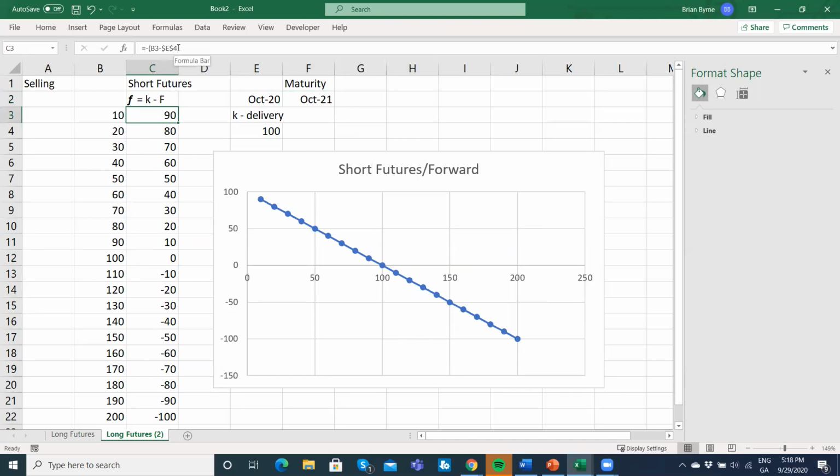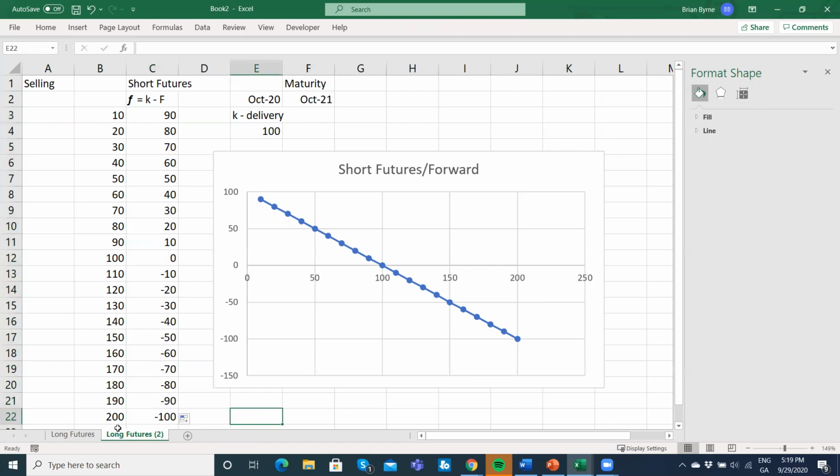If we rewrite that, it would be 100, K, the delivery price, with F4, minus the futures price, where each of these represents a conceivable futures price. That'll make no difference here. Once I drag down, we get the same result.